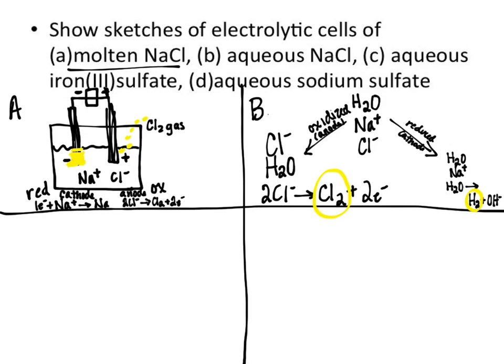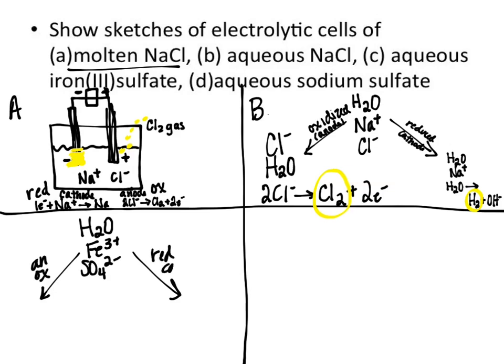Okay. So next, let's do, what's it say? Aqueous iron 3 sulfate. So now we have water, we have iron 3, and we have a sulfate. So we're going to do anox over here, and over here, we'll do the red cat.